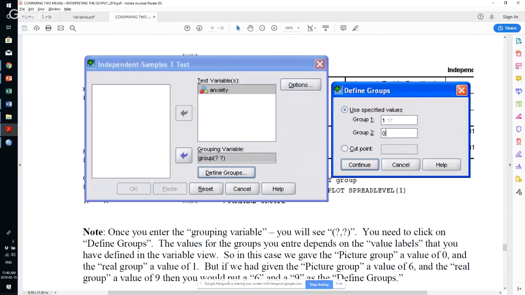I defined the 1 as real and the 0 as picture, okay? I could have called the picture group a 6 and the real group a 9, and then I would put 6 and 9 there. It's not necessarily 0 and 1, it's arbitrary. It could be 342 and 907. It's arbitrary.